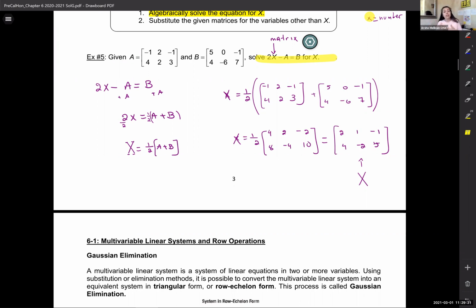In the world of matrices, our solutions are matrices themselves, or can be matrices themselves.